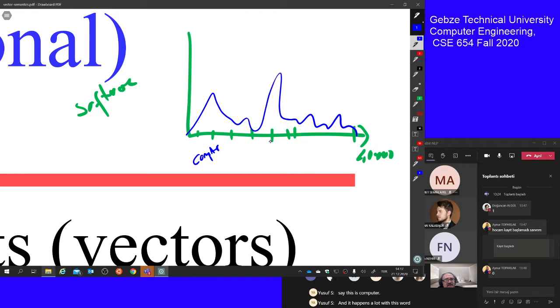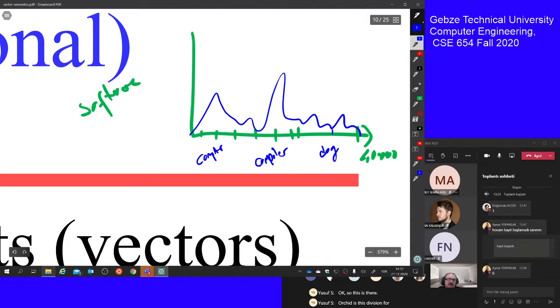Let's say this is compiler, but it happens very little with this word, let's say dog. So this is an occurrence distribution for the word software. Blue means software.